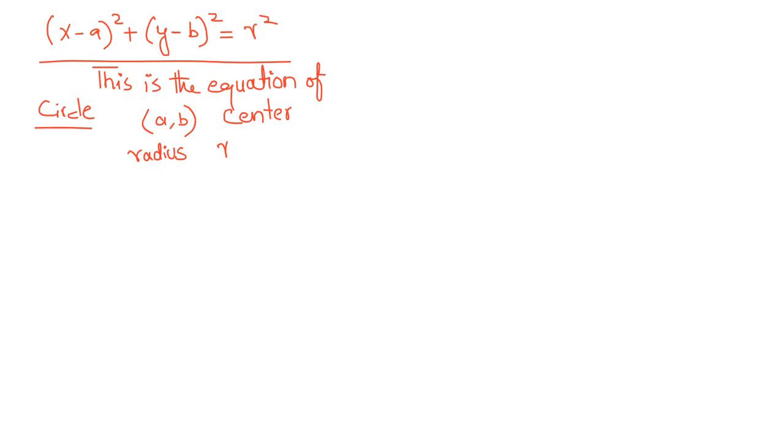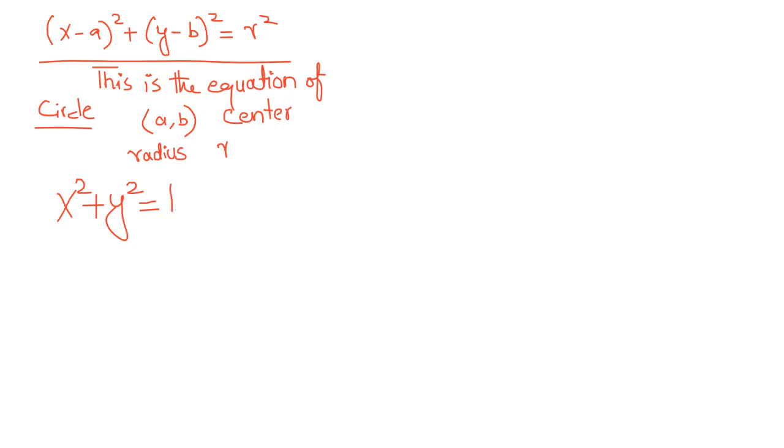Got it? So this is the equation of the circle, and this is the explanation for what we got. So here we get the equation that x square plus y square is equal to 1.